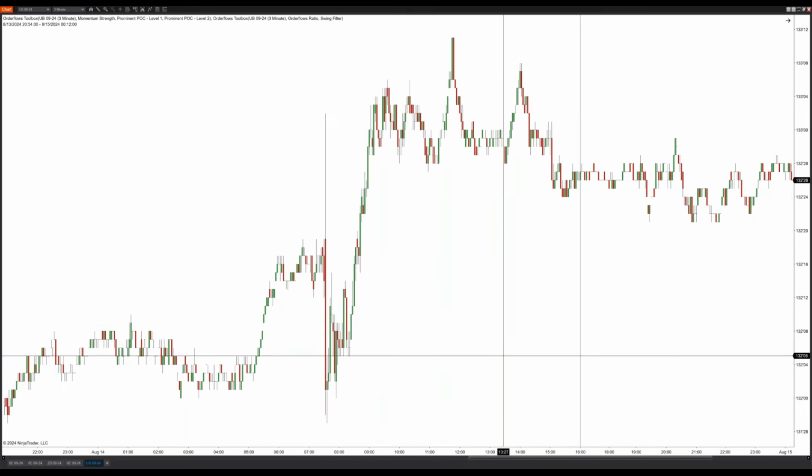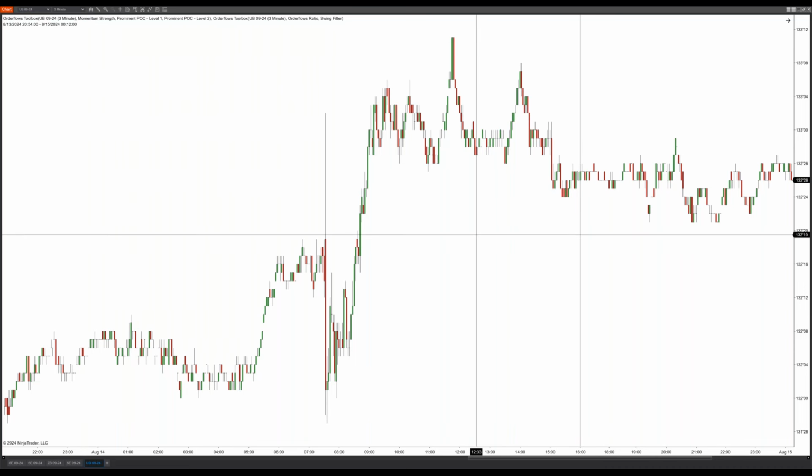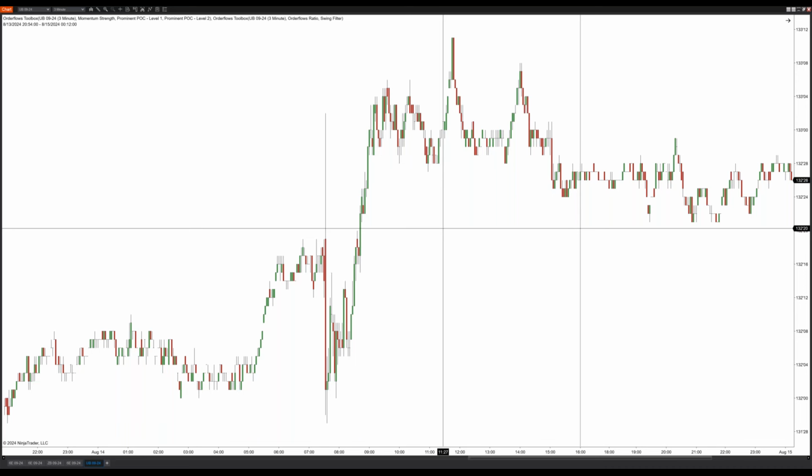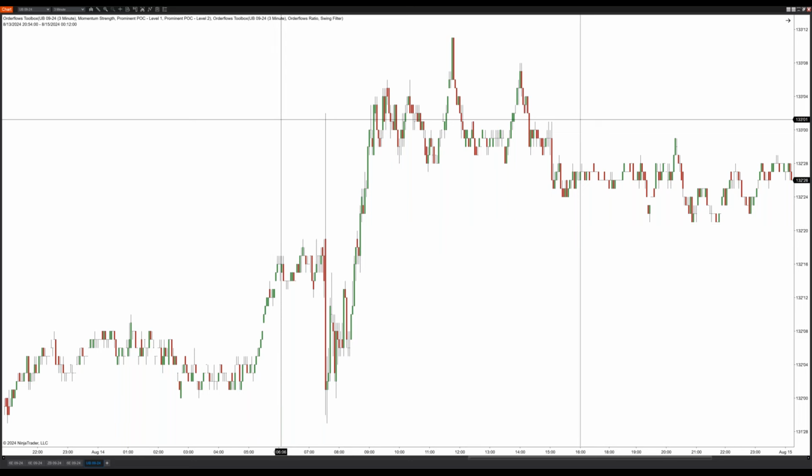And of course, what happened there? Try it again here. Refresh my screen. NinjaTrader does this every once in a while. Bear with me. I know what's going on. It's my license. The license server is down.